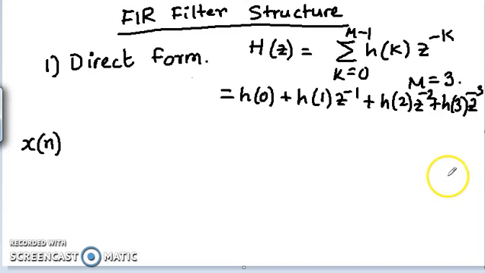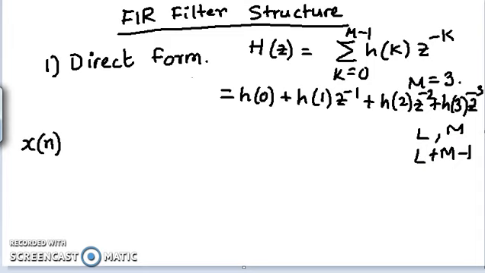So, the number of outputs will depend upon the length of the impulse response and the input. If the length of the input is L and my impulse response length is M, then the number of outputs we get is L plus M minus 1. We all know it. Okay.